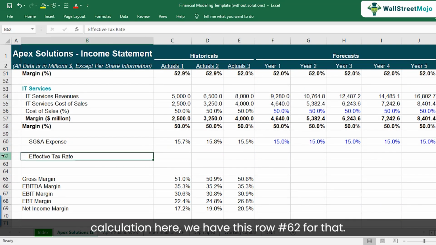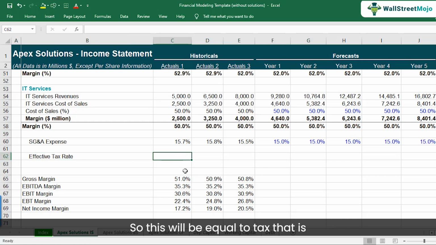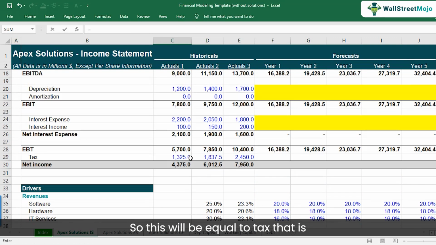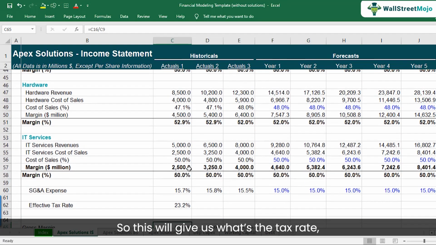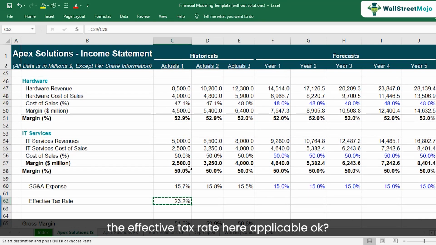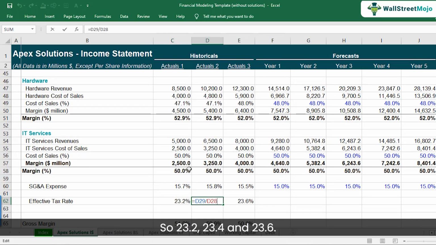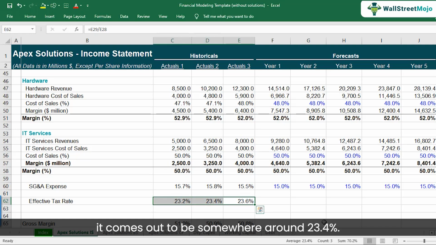We have row number 62 for that. So this will be equal to tax, that is 1325 divided by 5700. This will give us the effective tax rate applicable here. Okay, so 23.2, 23.4 and 23.6. If I look at the average here, it comes out to be somewhere around 23.4%.